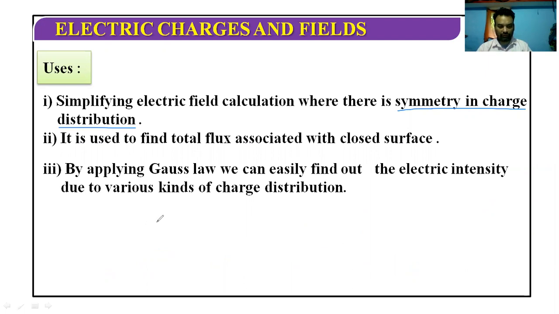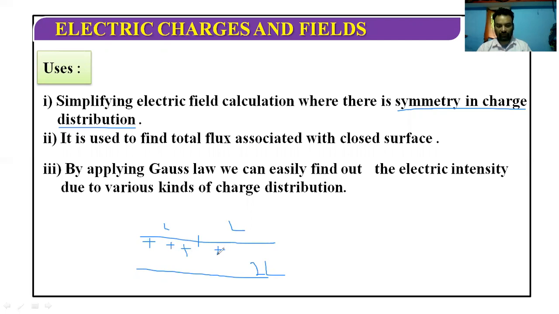So what is the meaning of symmetrical? Symmetrical means, let me take a road and the total length is 2L. From here to here it is 2L. This is L, this is also L. Suppose here some charges are there.